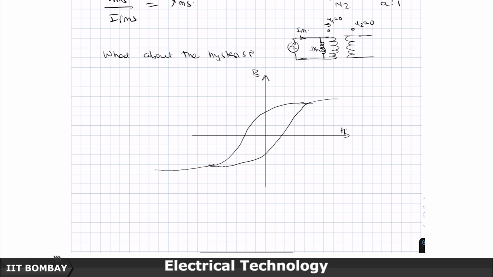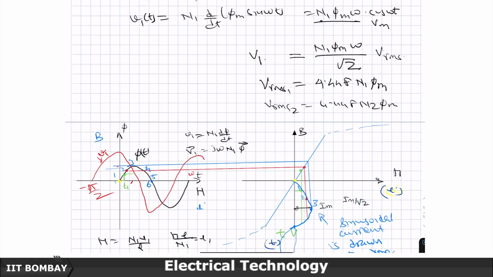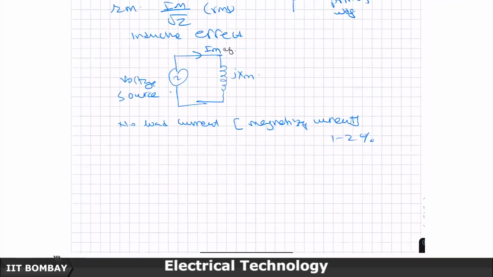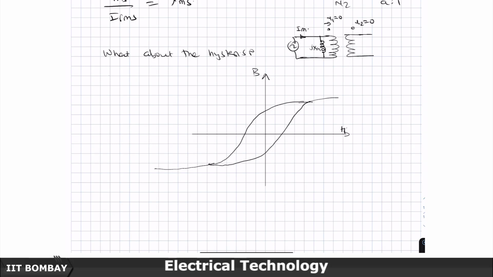And as earlier, this is the B of t, phi of t, and therefore, by appropriate scaling, the B of t which is associated.